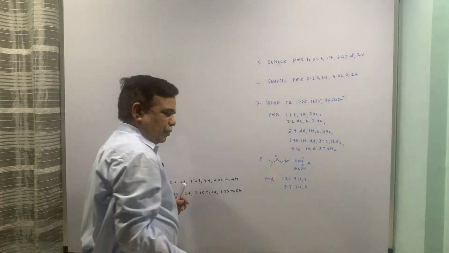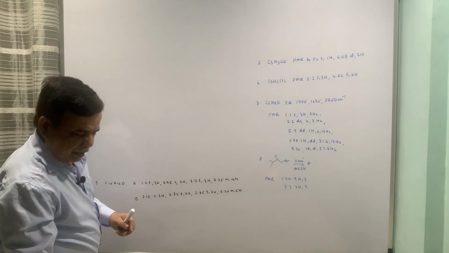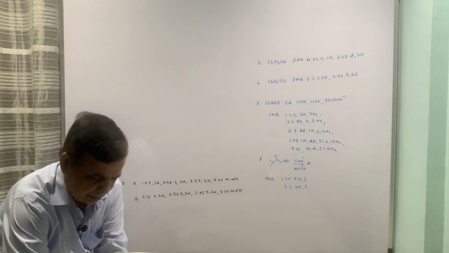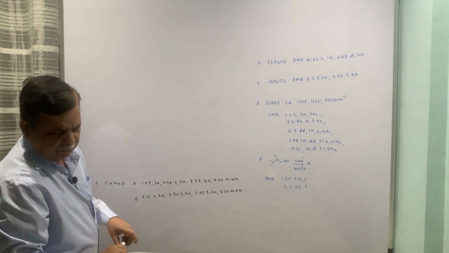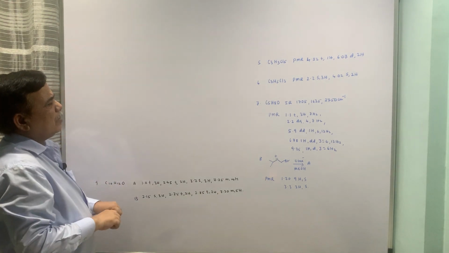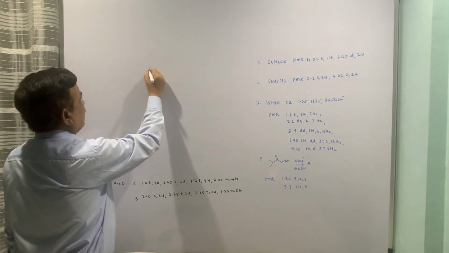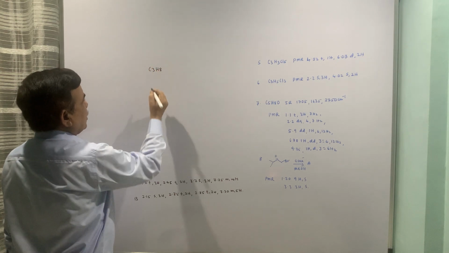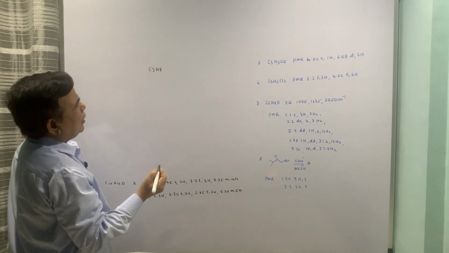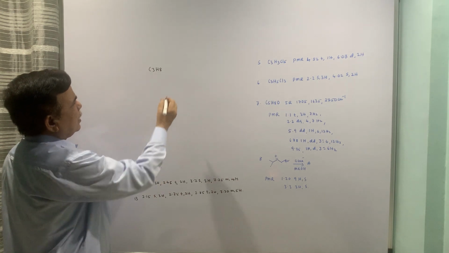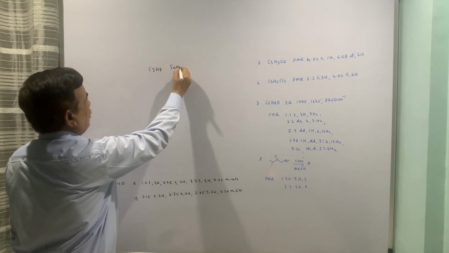Okay. That is example number 4. So sites of unsaturation and all you can calculate. C3H5Cl3. So C3H8, if I substitute all 5 chlorines with 5 hydrogens, it is C3H8, a saturated molecule.